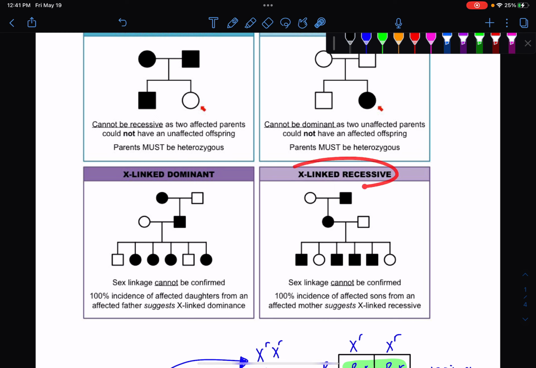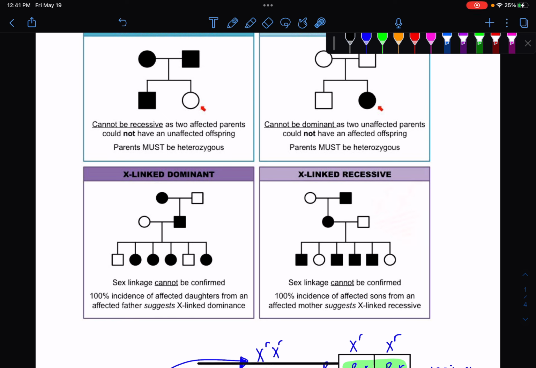Okay, and then X-linked recessive. Again, this cannot be confirmed, but 100% incidence of affected sons from an affected mother. You see how the affected mother is here for recessive? She has to be double X, little r.